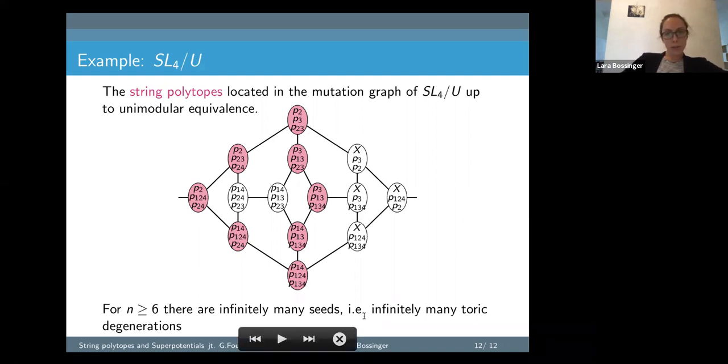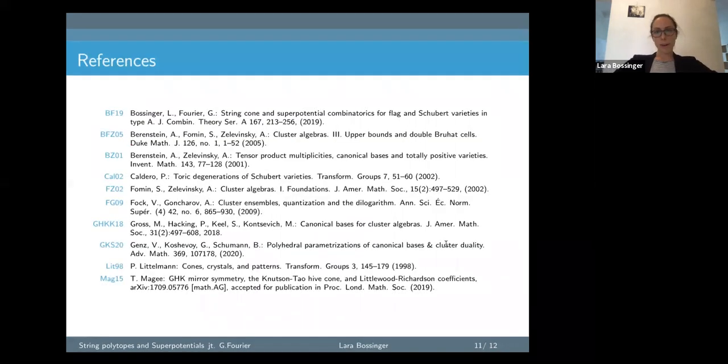But any one of these infinitely many toric degenerations can also be described using the language of valuations and Rees algebras. So yeah, that's it. I will just label the references for you, and thanks a lot for your attention.